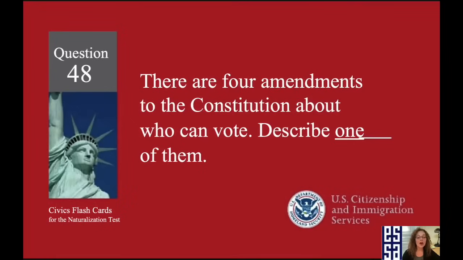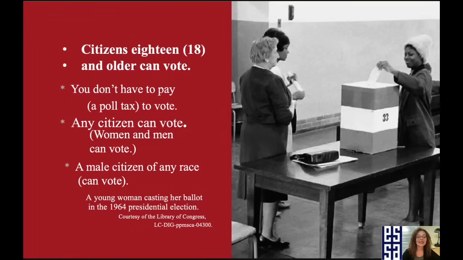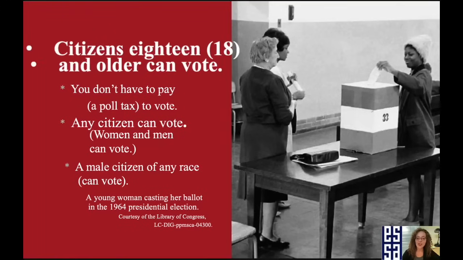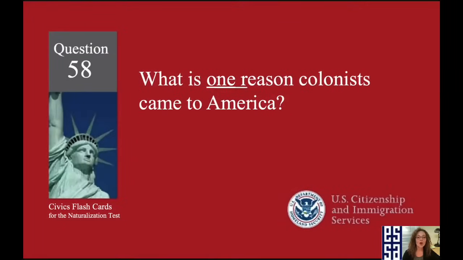There are 4 amendments to the Constitution about who can vote. Describe one of them. Citizens 18 and older can vote. What is one reason colonists came to America?